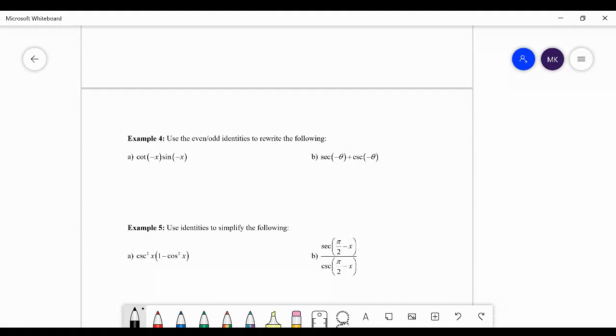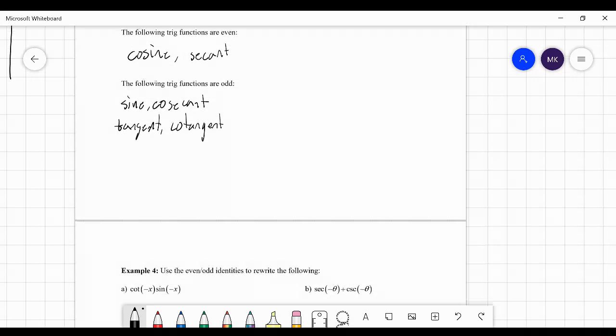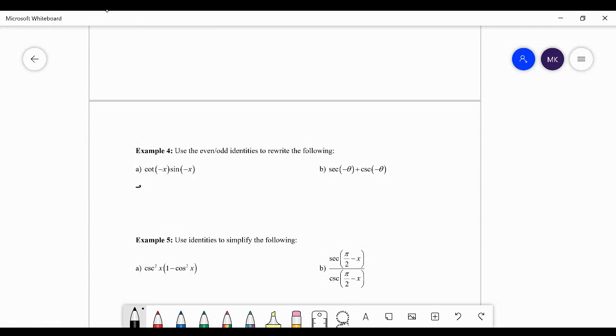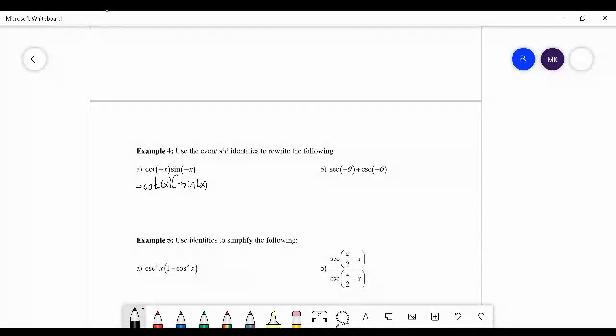So since cotangent and sine are both odd symmetry, that means that cotangent of negative x is negative cotangent of x, and sine of negative x is negative sine of x. Now when I multiply negative by negative, those go away, and we end up with just cotangent of x times sine of x.